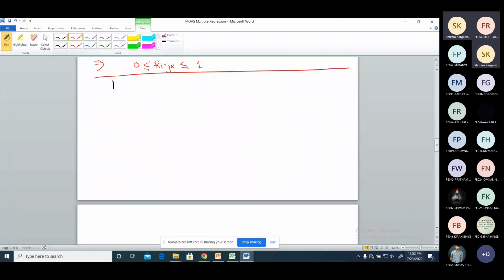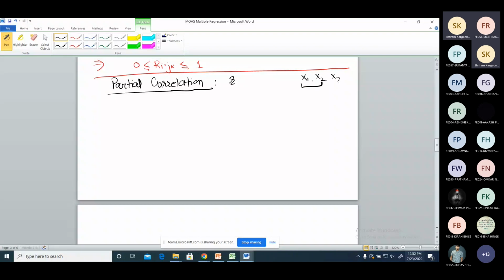Now, partial correlation. Partial correlation means when you consider the correlation between two variables keeping the other constant. There are three variables x1, x2, x3.